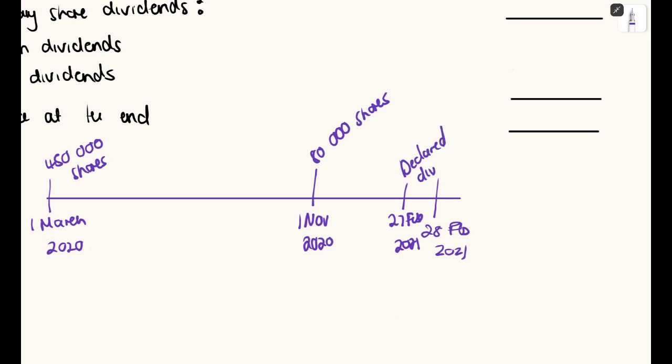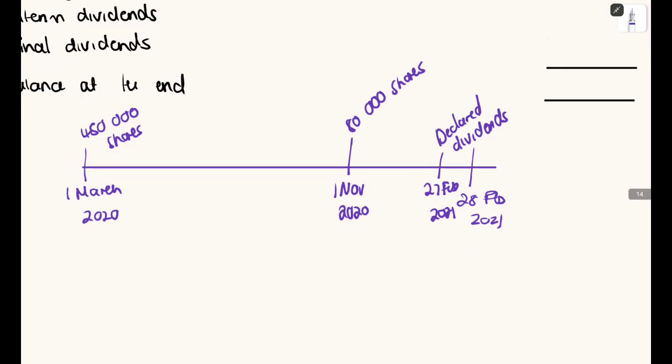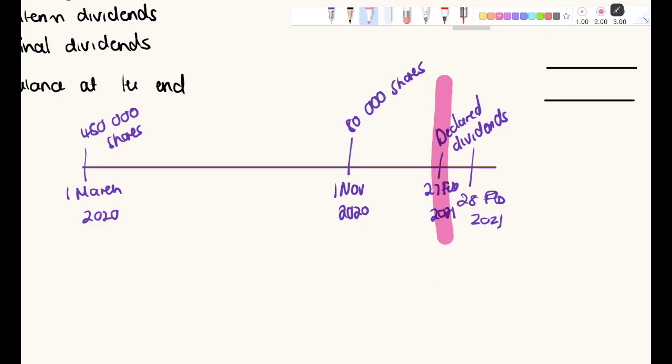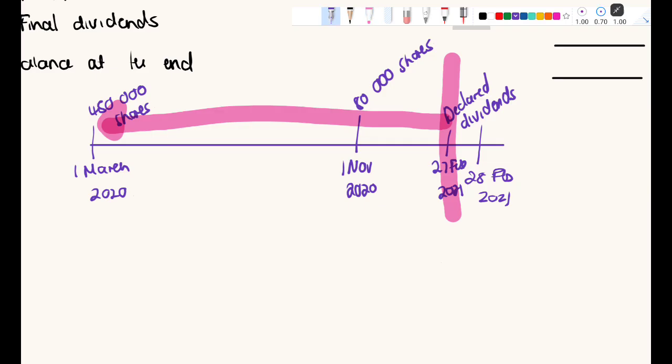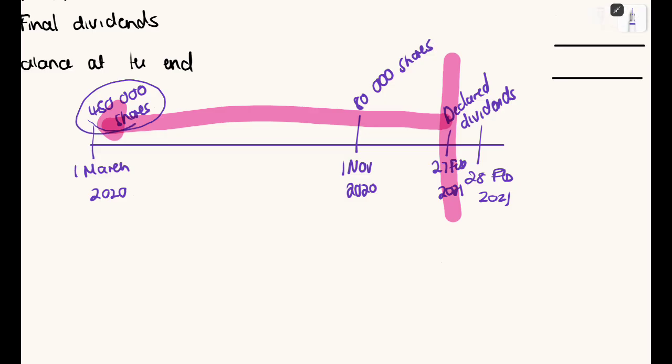So the first step in calculating my dividends, I need to find out by the time my dividends are declared, how many shares did the company have in issue. I look from this side going that way to see how many shares the company issued by the date that the dividends are declared. The shares were 450,000 on the 1st of March, then we issued 80,000 more on the 1st of November 2020.